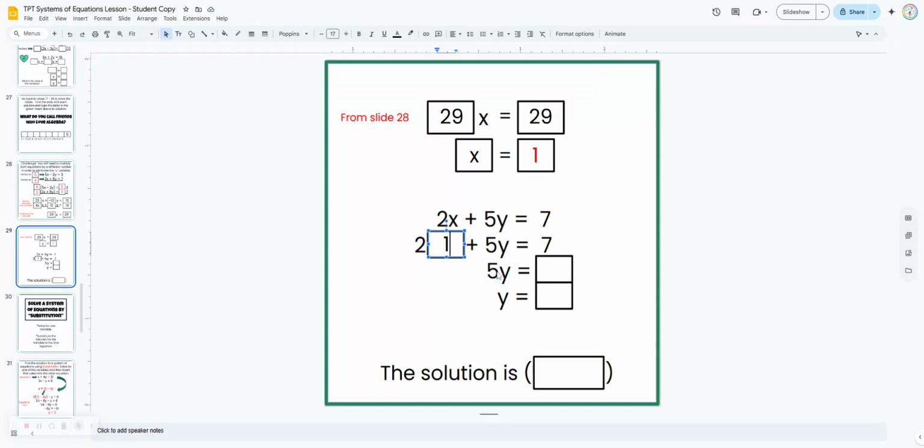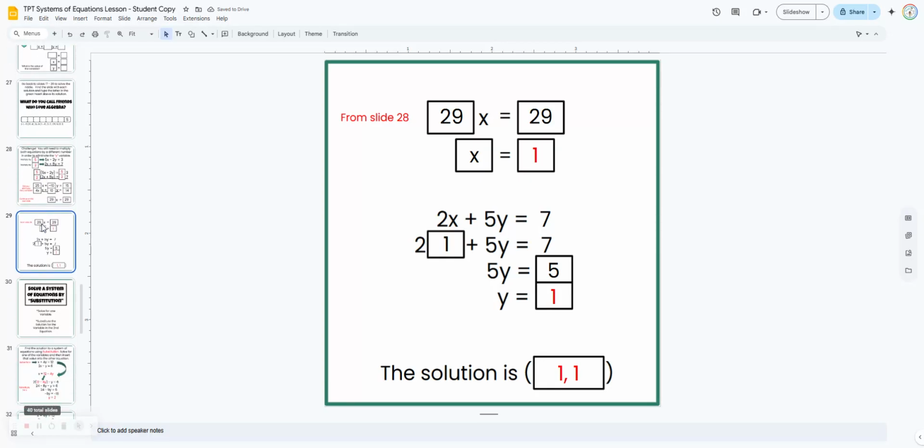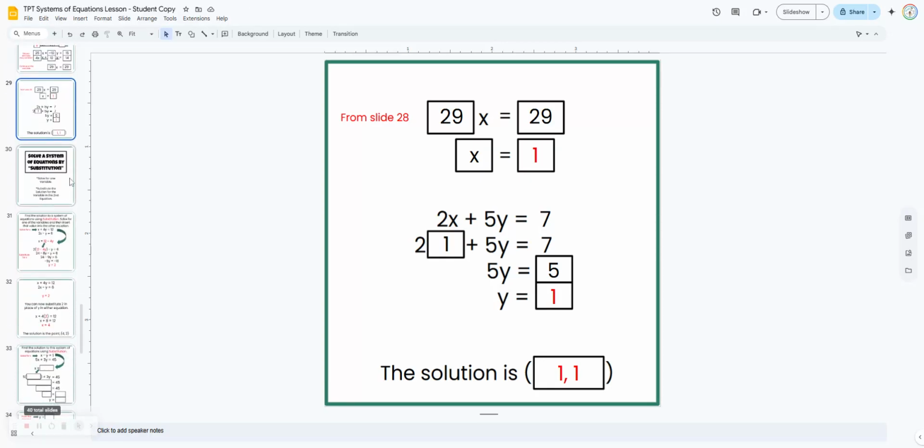If I subtract 2 from both sides, I'm going to get 5y equals 5 and y equals 1. So now I know that the x coordinate is 1 and the y coordinate is 1, and I have my solution. So this one's a little bit tricky. It'll be for your challenge students.